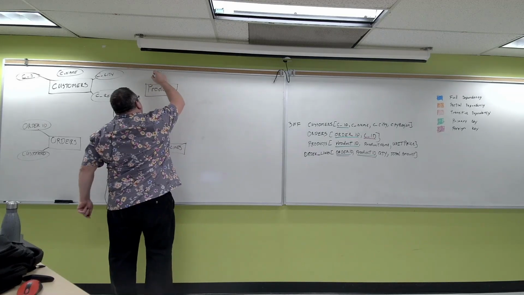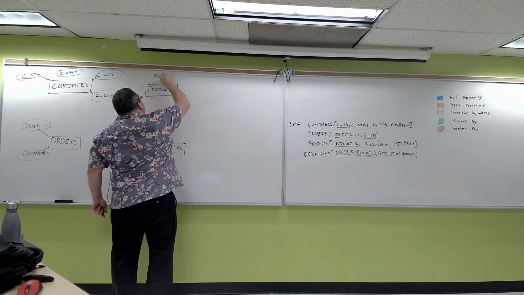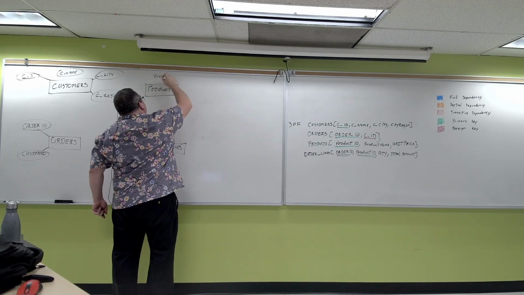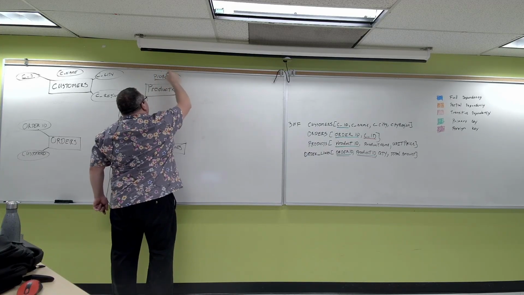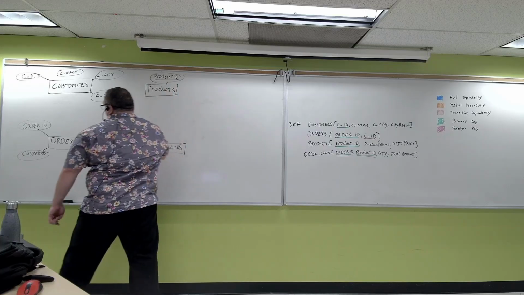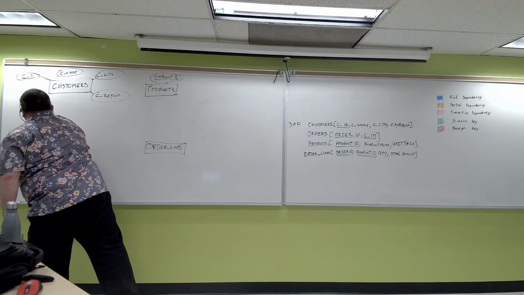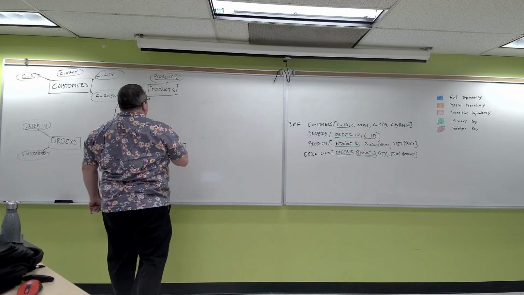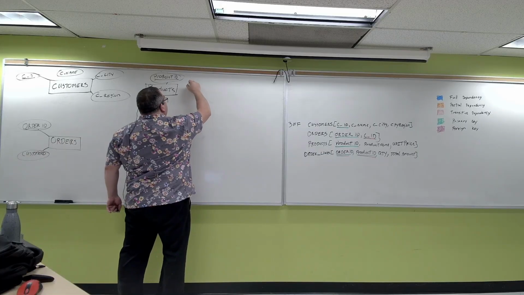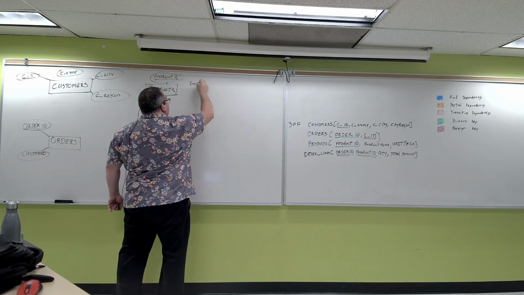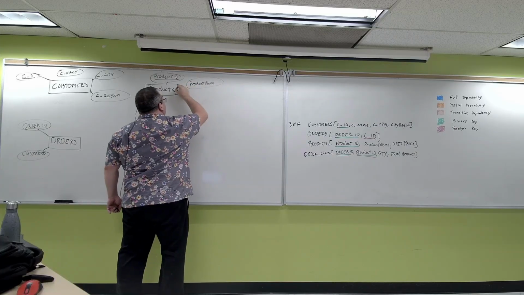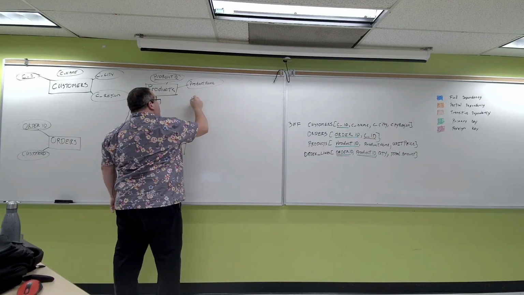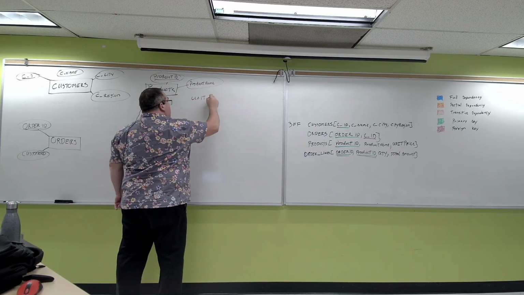We have product ID, which we know is the primary key. And we have the product name and a unit price, like this.